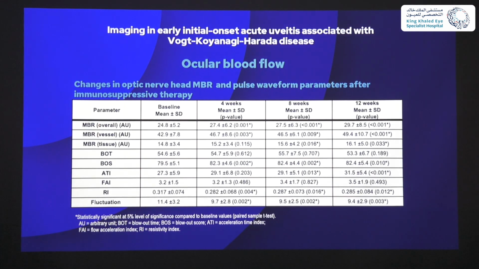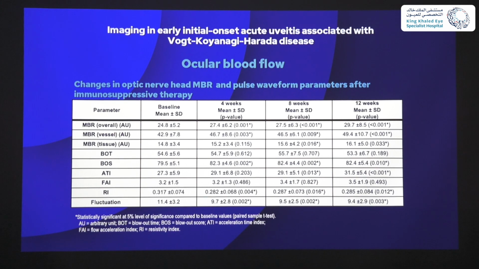And we have similarly in the optic nerve, the optic nerve can give you 3 readings. In the vessel area, so this reading will come from the large vessels, and then the tissue area, it gives you blood flow in the small blood vessels of the optic nerve, and then overall. Then you can see that in the 3 layers we have a progressive increase, the same also.